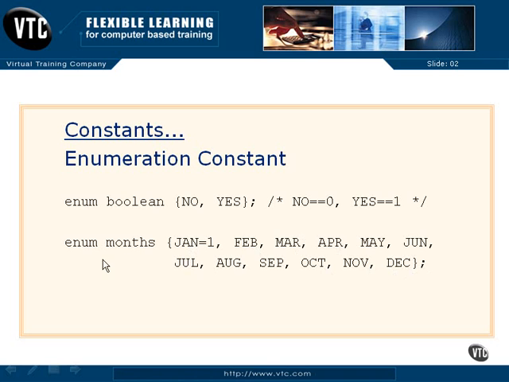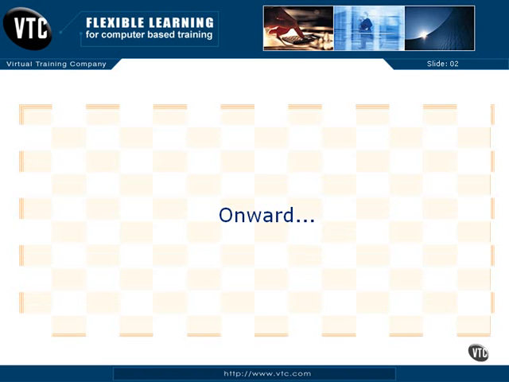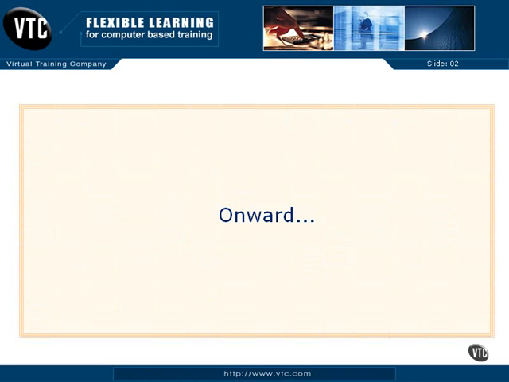And we'll see later in some of our programs how you actually use something like this. But it's a good way of getting values into your code that are easily set up, and you don't have a bunch of pound defines and things like that kind of cluttering up your code. So enum is a nice thing to be able to use. And we're going to move onward to other types, operators, and expressions.